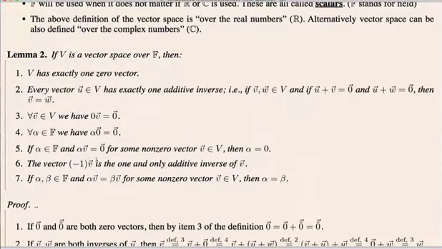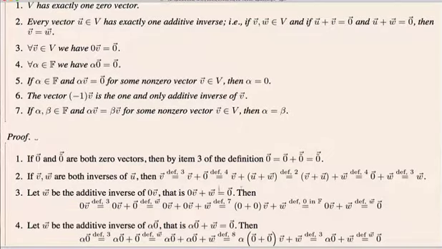And this also says that the way we get the additive inverse is that we just multiply the original vector with the scalar -1. And property 7: if alpha and beta are scalars and alpha times v equals beta times v for some non-zero vector v, then alpha must be equal to beta. So let's prove a few of these.